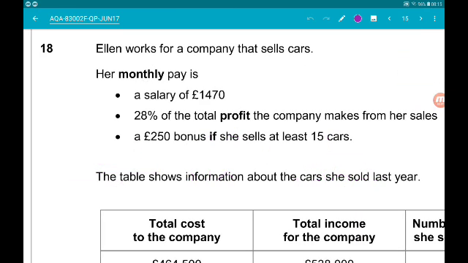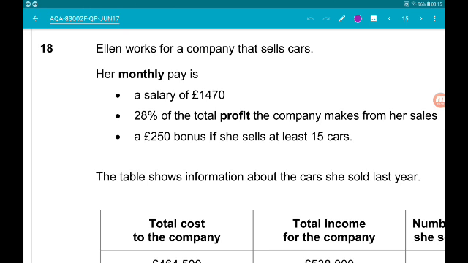Okay, question 18, a nice 6 marker. So this is the first one, I believe, that's also on the higher paper. So, Ellen works for a company that sells cars.